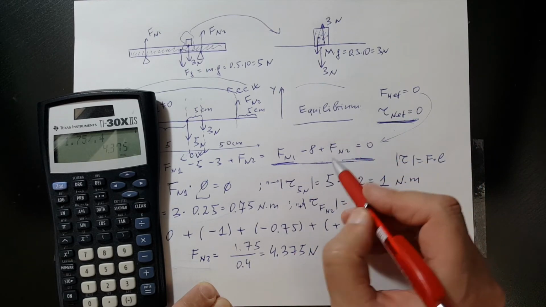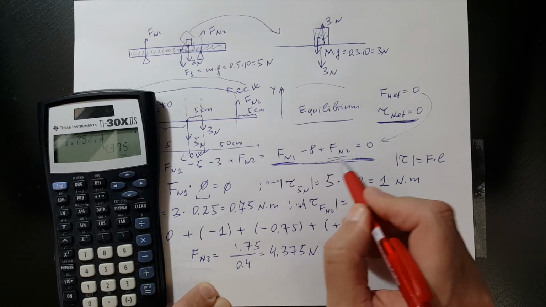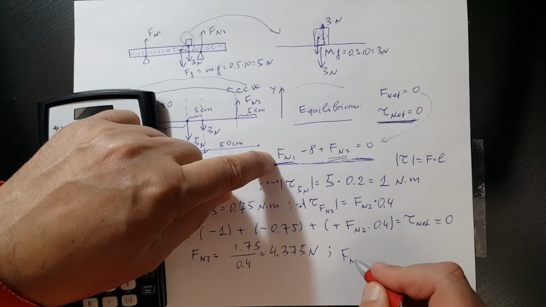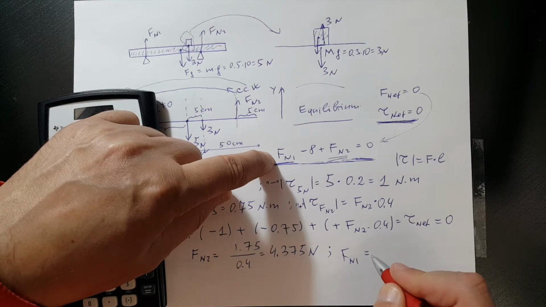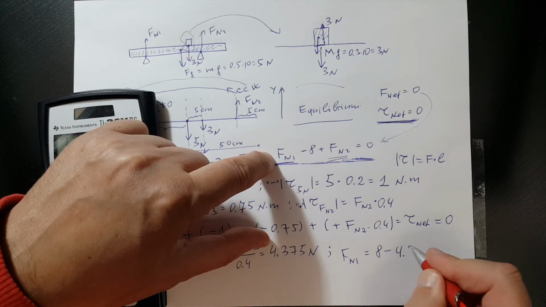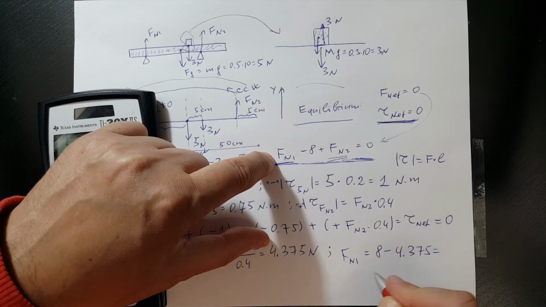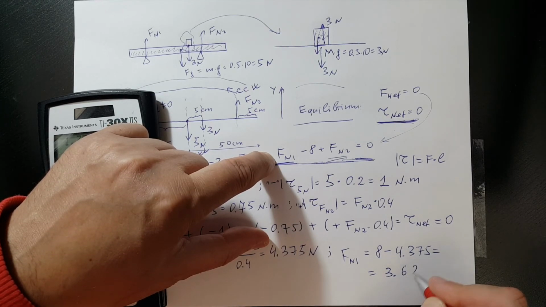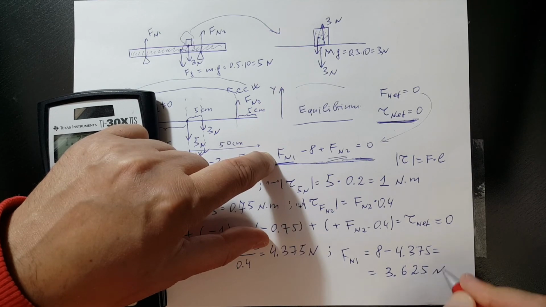Since we have found one more variable, we can solve this equation. Normal number 1 will be equal to 8 minus 4.375, which is 3.625 newtons. And now we are done.